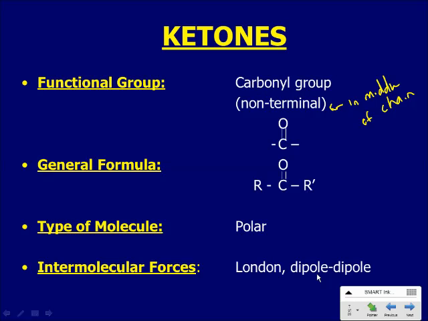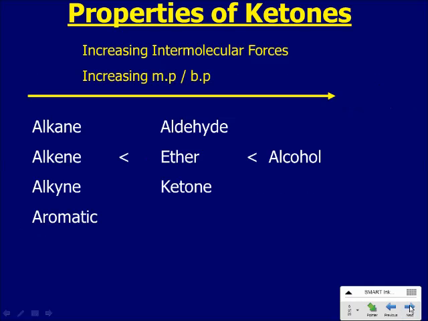Ethers, I believe, right? So now we've got aldehydes, ethers, and ketones in the same grouping. So if we had comparable ones, meaning they've got approximately the same number of carbons, then they'll have very similar melting points and boiling points. All right. Okay, I think we've got that.